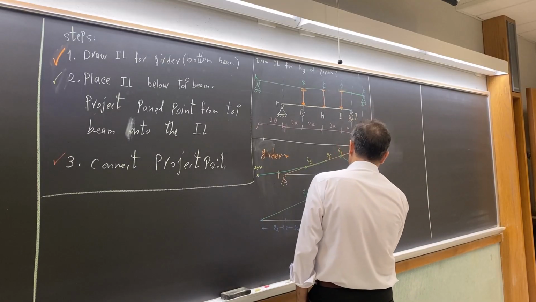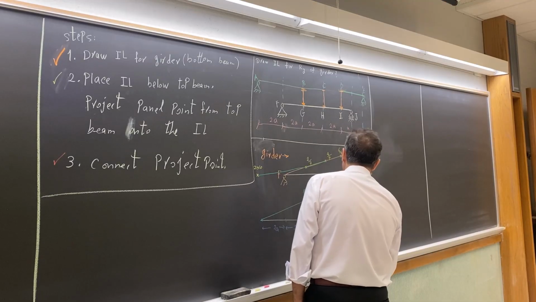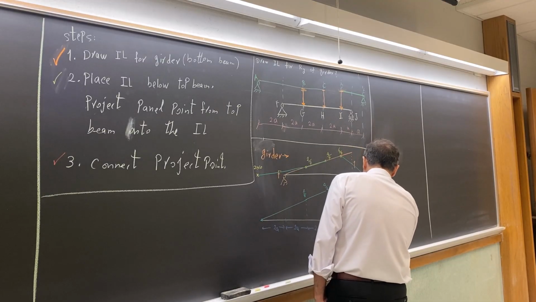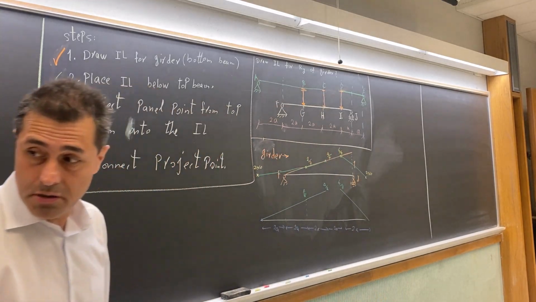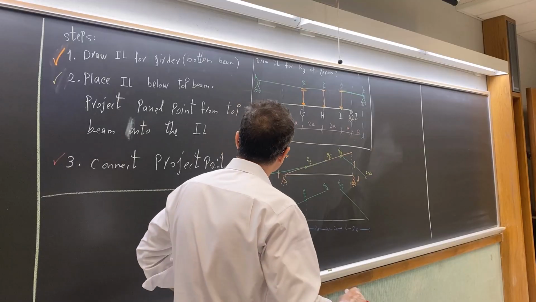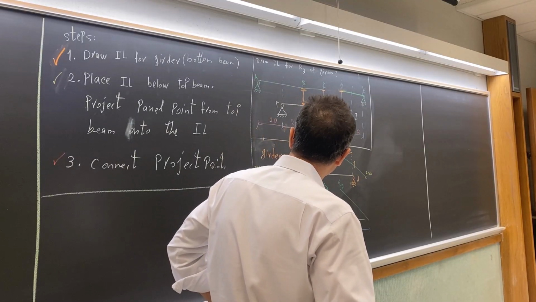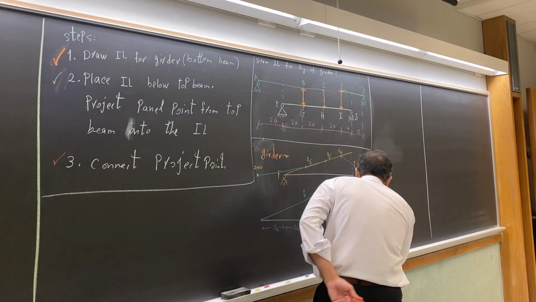And then this one is 2A, we leave it blank. And this one is 2A. To avoid any confusion, we can have point F. And this is point F. Point J is here.